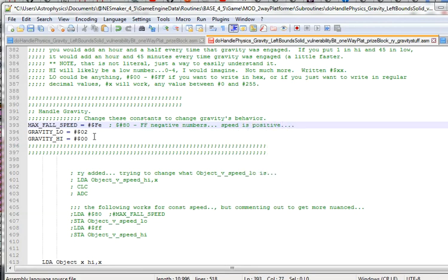So I just turned this to 02 instead of 2.0 just to make it a little bit slower.